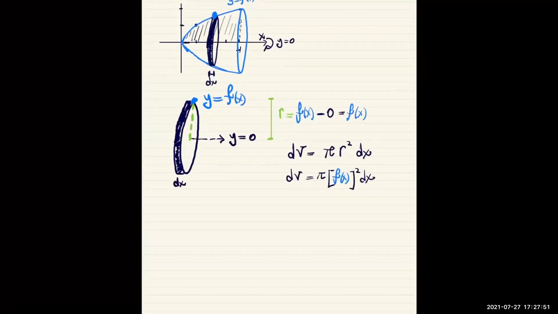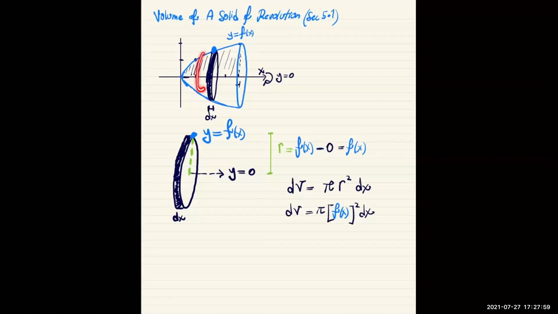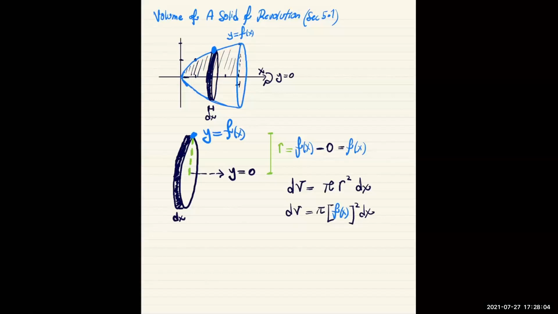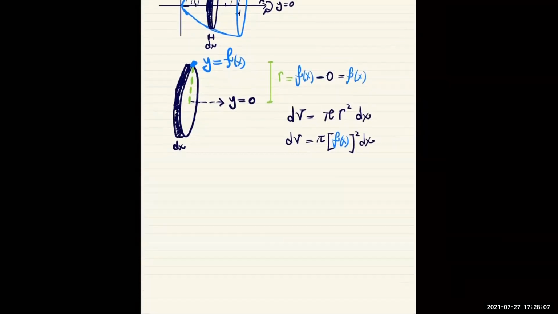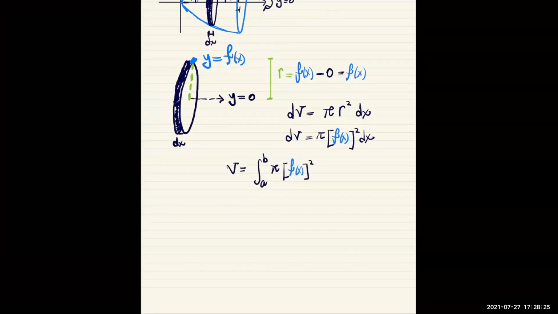Okay, and if you want to find the total volume, what you're going to do is add up the volume of all slices. Adding up means Riemann sum. Riemann sum means definite integral. So here V is equal to the integral from a to b of pi times the square of f of x times the thickness dx.